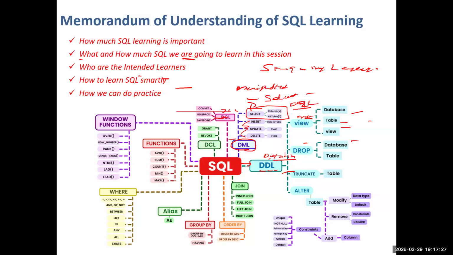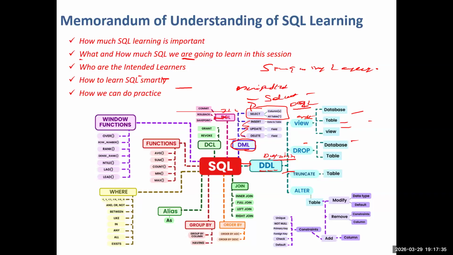If you press Control S, you are saving, and whoever opens the file from the folder can view the changes. Control S is the commit. If you undo instead, that is a rollback. Like that, commit, rollback, and savepoint we are going to see later.